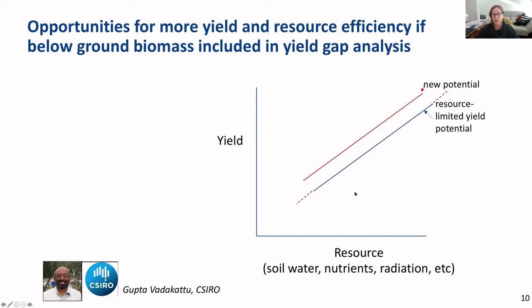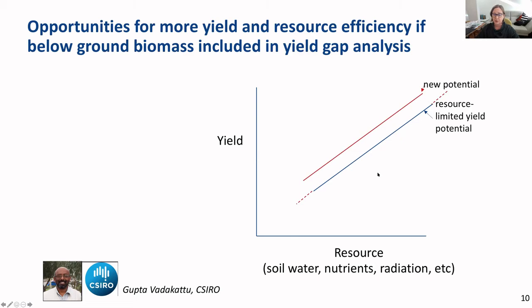So for a given amount of yield, a given amount of water, for example, the crop can yield this much, or it may yield this much. Less resource, it may yield less. More resource, it may yield more, with a potential boundary line that, depending on the crop, this might be, like, for example, for wheat, 22 kilograms per hectare per millimeter of water.